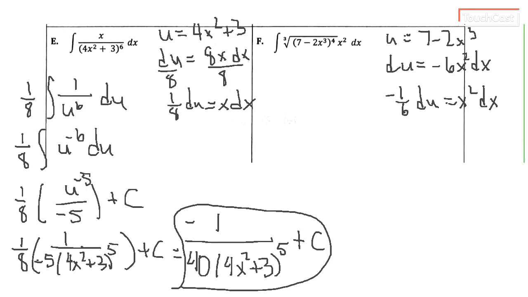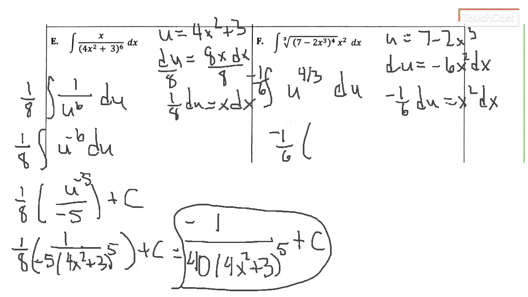Alright, now let's clean this up. We're going to have the integral of the cube root to the 4th power of u. So I'm going to just go u to the 4/3. And then out in front, I'm going to still have a negative 1/6. And then I'm just going to put a du. So I'm going to increase the power. I'm going to write negative 1 over 6 times u to the 7/3.